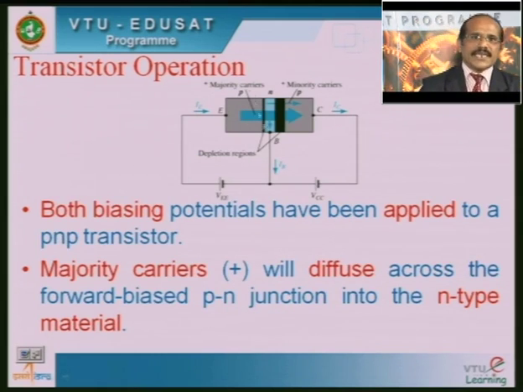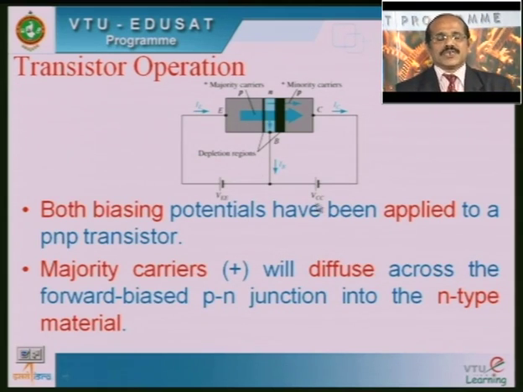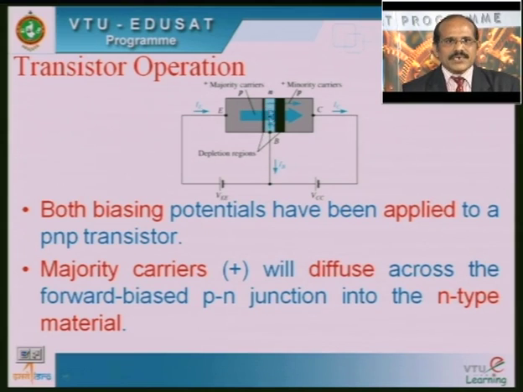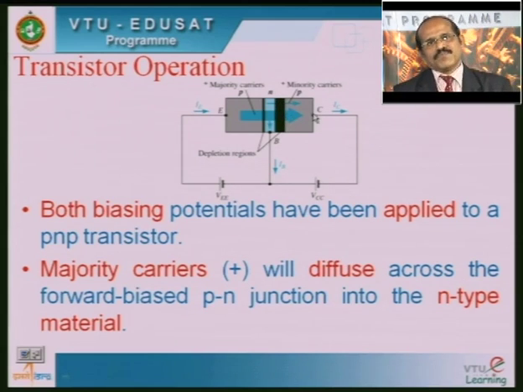So now you can see that both the biasing potentials have been applied to the PNP transistor. A thin depletion region exists across the input junction, that is between emitter and base. Similarly, a thick depletion layer exists between the collector and base, which is reverse biased, whereas the input junction or emitter junction is forward biased.